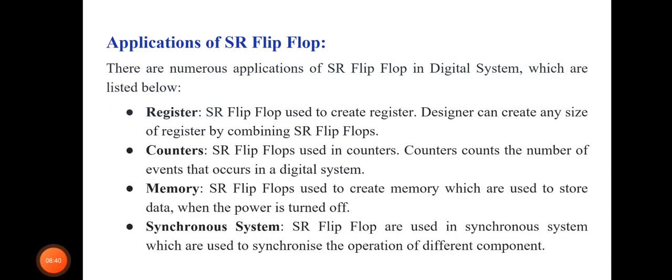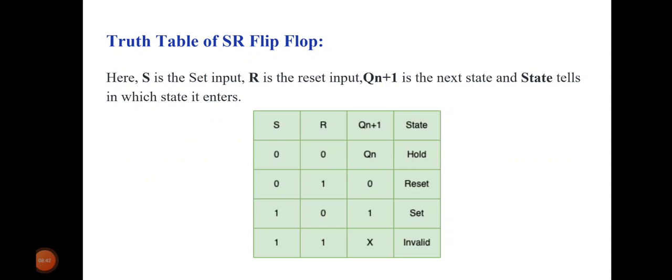Truth table of the SR flip-flop. Here S is the set input and R is the reset input. Qn plus 1 is the next state, and state tells in which state it enters.